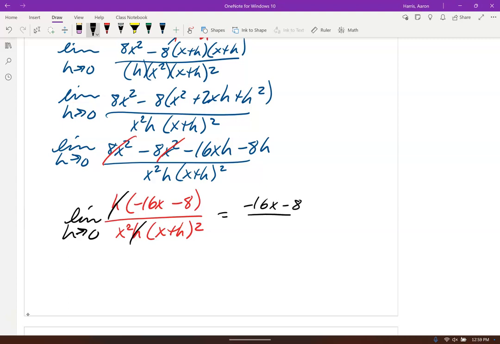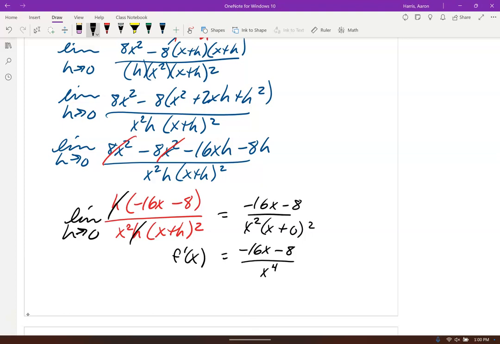Negative 16x minus 8 over x squared times x plus 0 squared. So we've got negative 16x minus 8 over x squared times another x squared, which is x to the 4th. Right? And so this is f prime of x.